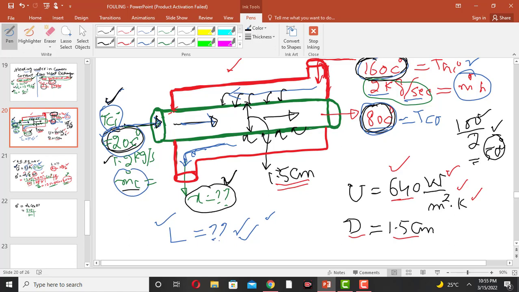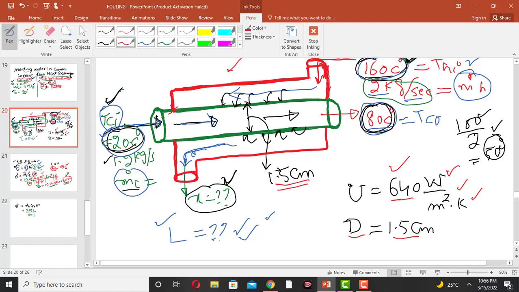So the specific heat of the hot fluid will be obtained from a table at 160 degrees centigrade, from various tables or graphs.